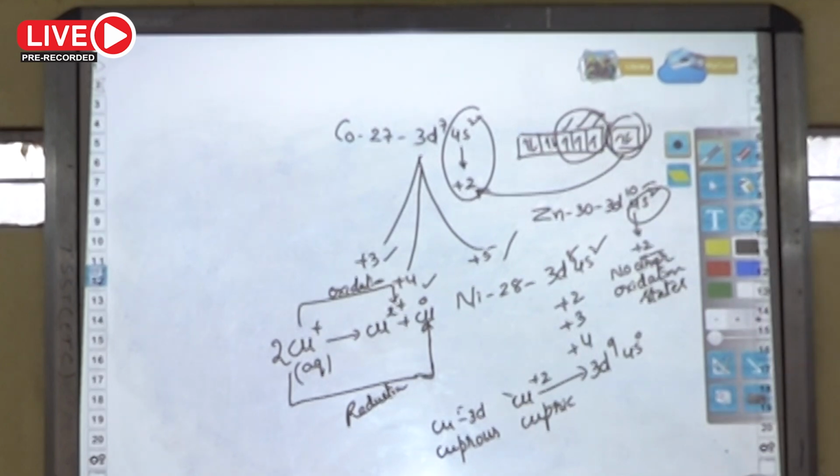Then, what is the definition of a transition element? Actually, transition elements are those d block metals or d block elements which contain incompletely filled d orbitals either in the ground state or in one of their stable oxidation states. So what is the definition of a transition element?